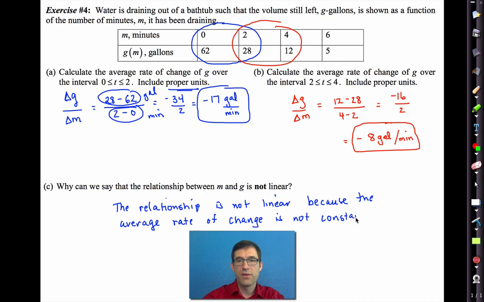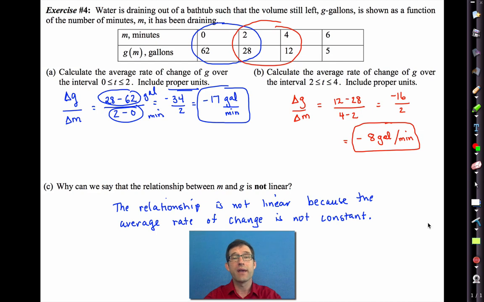Right? So the whole point of a linear function, what makes a linear function linear is that the average rate of change, the slope, remains the same. It doesn't matter what 2 points you pick, we'll get the same.